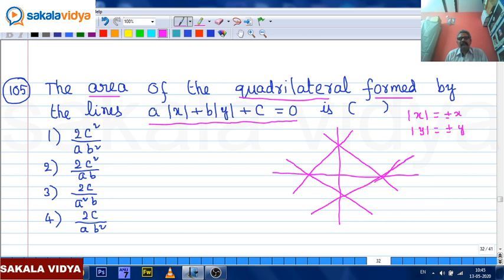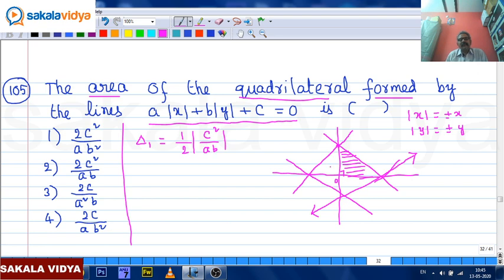They form a quadrilateral, and we need to find its area. Find the area of this triangle with the origin and multiply by 4 to get the area of the quadrilateral formed by these 4 lines. This area is nothing but the area of the triangle formed by the line with the coordinate axes. Say this area is delta 1, that is half mod c square by ab.